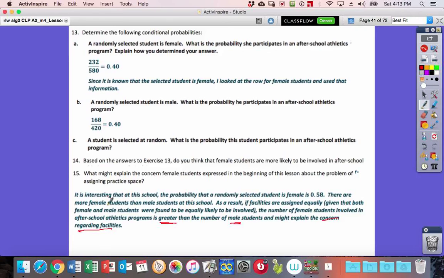Do you see the difference? It's exactly the same, but you're basing it on the probability that the females participate and the probability that the males participate. However, if you just look at the students, remember the total number of students participating, it's exactly the same. So you kind of have to think about this and be able to interpret it correctly.